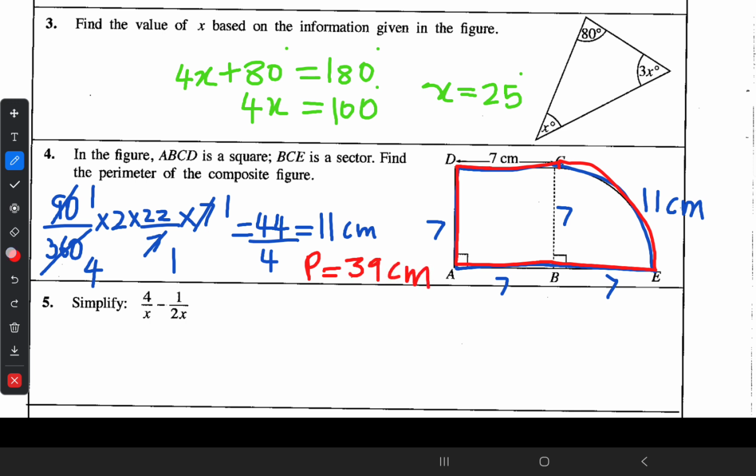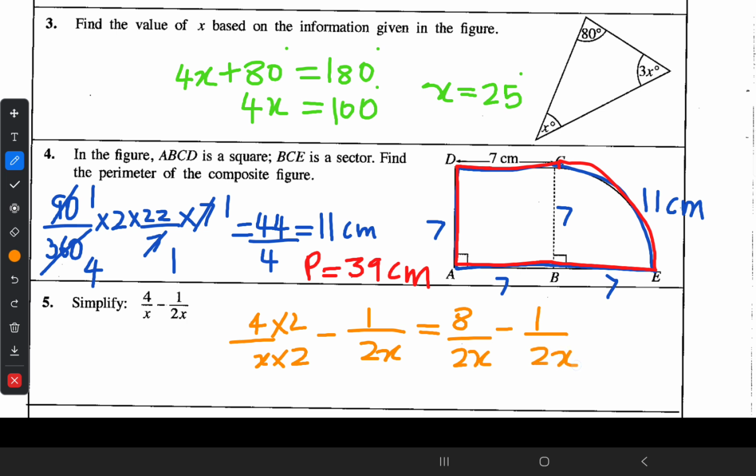Next, fifth question. This is also a simple question. Here the denominator was 2x, so you have to make the first denominator also identical. So I will multiply the first fraction by 2 to make the denominators identical. 4 times 2 is 8, divided by 2x, minus 1 divided by 2x.